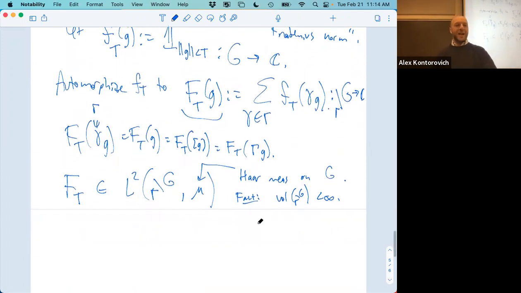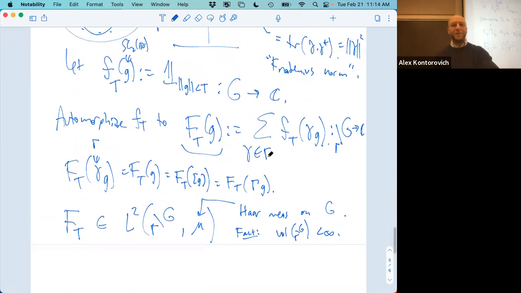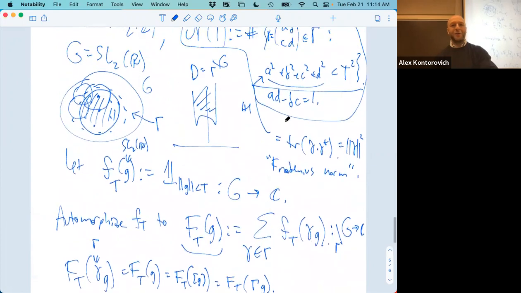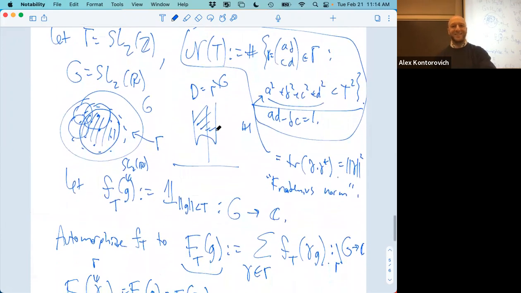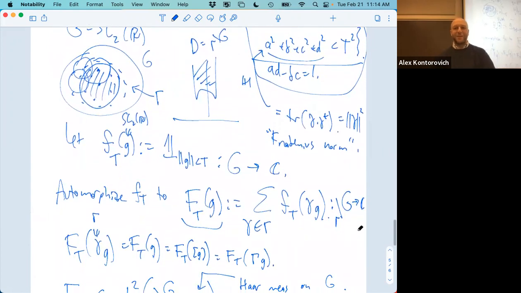And so if we have this nice function, let's decompose it into irreducibles. Why do we care about this function? What does this function have to do with our original problem of counting? What is the value of this function, capital F, at the identity, at the origin?